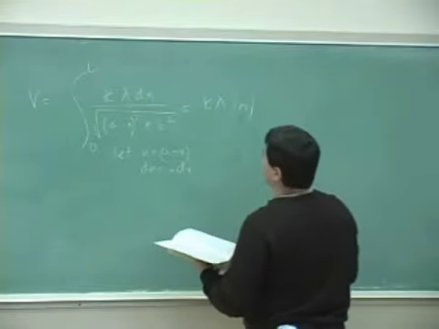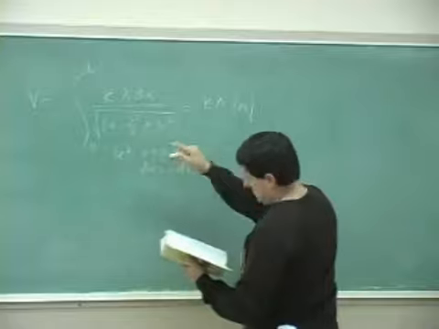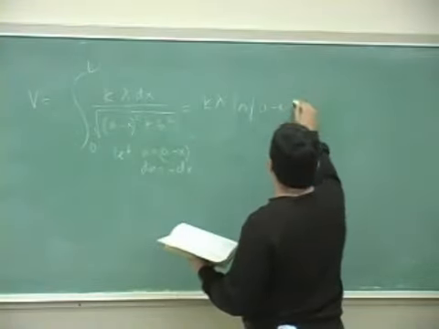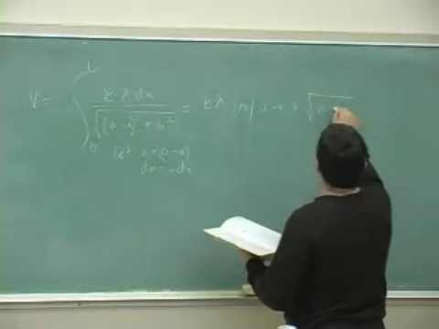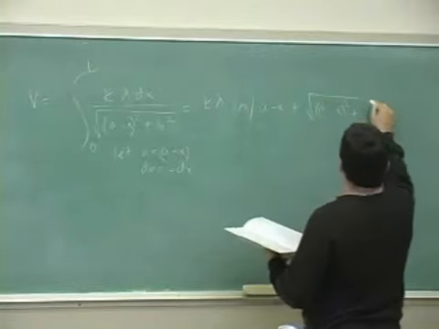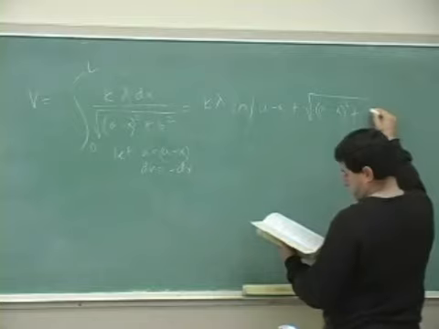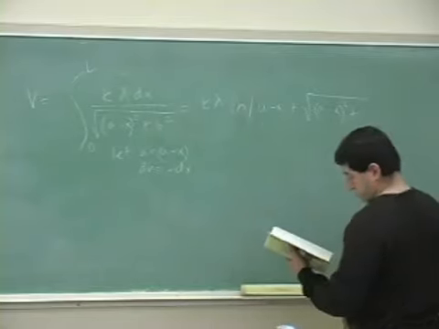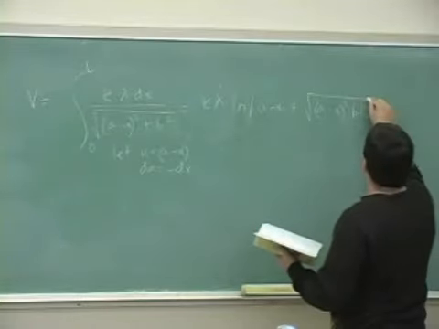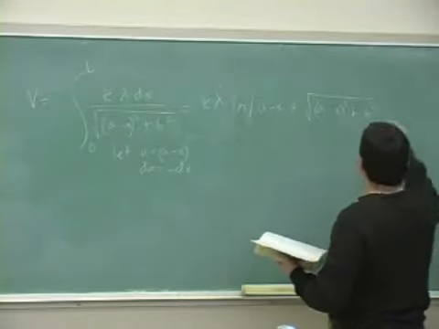You know what, hold on. My u is this one. So that's going to be a minus x plus the square root of a minus x quantity squared plus b squared, absolute value.